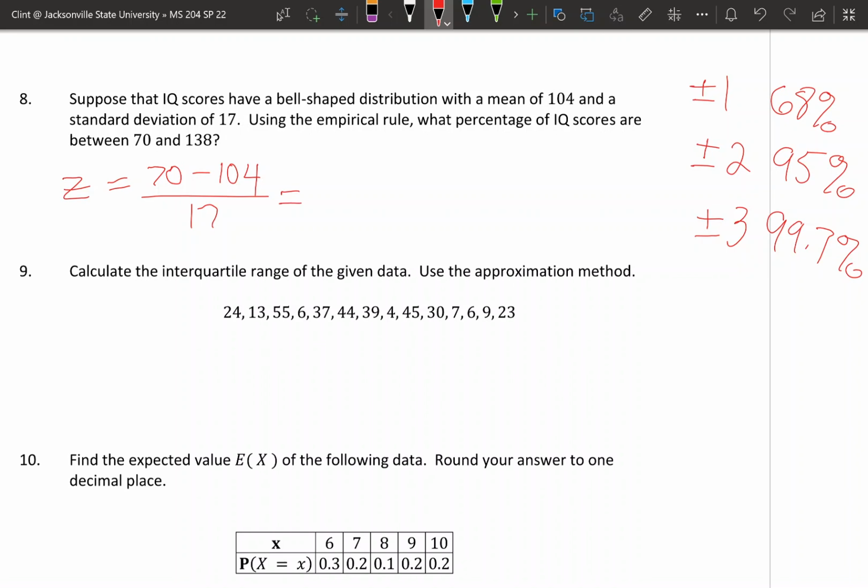Yeah, so that's 2 standard deviations below. If you do the same thing on the other one, it should be 2 standard deviations above. And so, since we were dealing with 2 standard deviations away from the mean, that one will be 95%. Again, I won't give you one of the harder ones where you have to use the symmetry and all that.